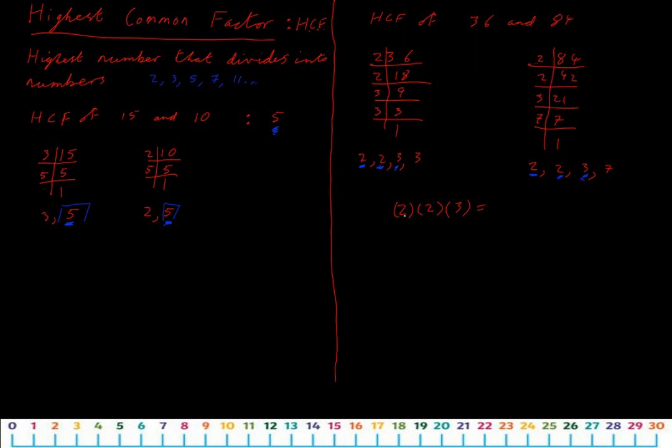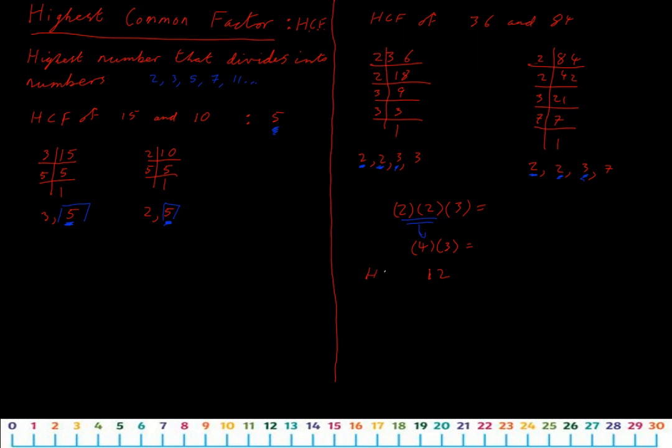And if we do that, we get 2 by 2 is 4. So we've multiplied our stuff on the left together, and that has become 4. And now we multiply 4 by 3 is 12. So the highest common factor between 36 and 84 is 12.